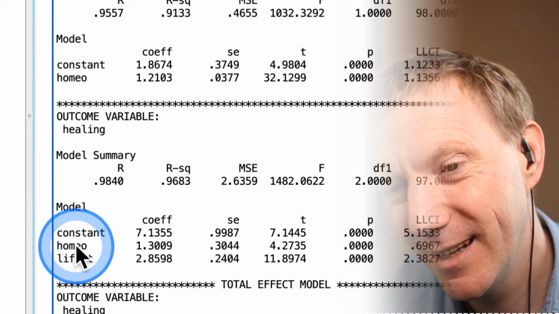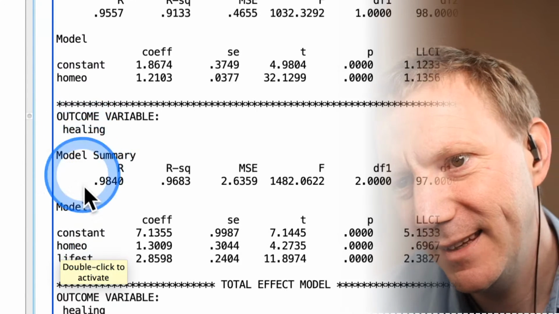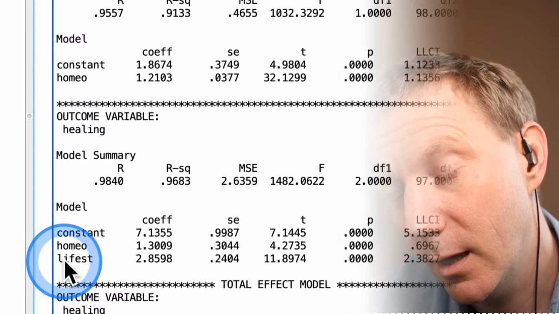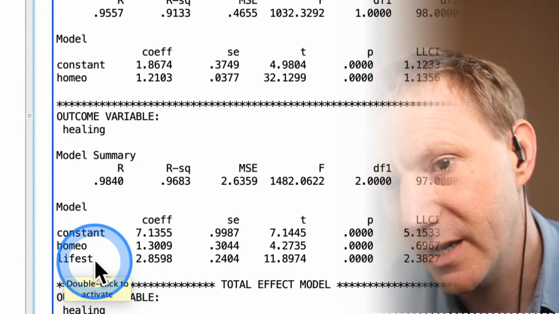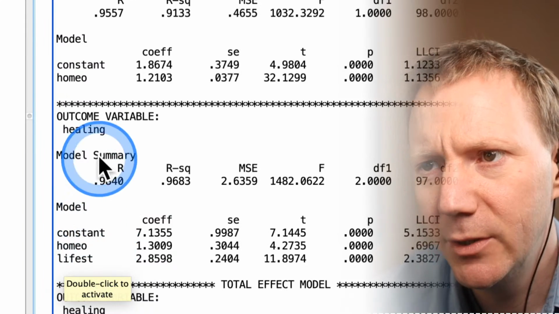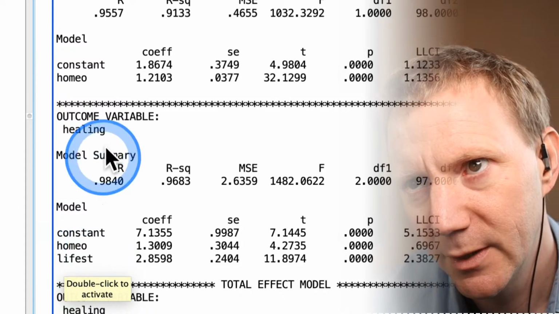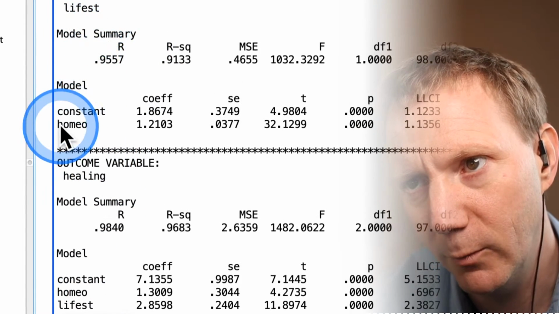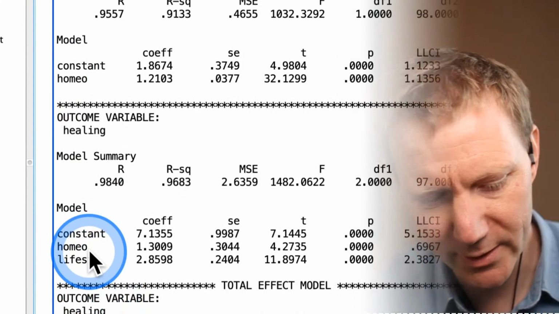It's the relation between homeopathic use and healing while correcting for the mediator, the healthy lifestyle. So this is the regression model where you have two predictor variables in there. Here, the first one, you have a regression model with only one predictor, and now you see a regression model with two predictors.